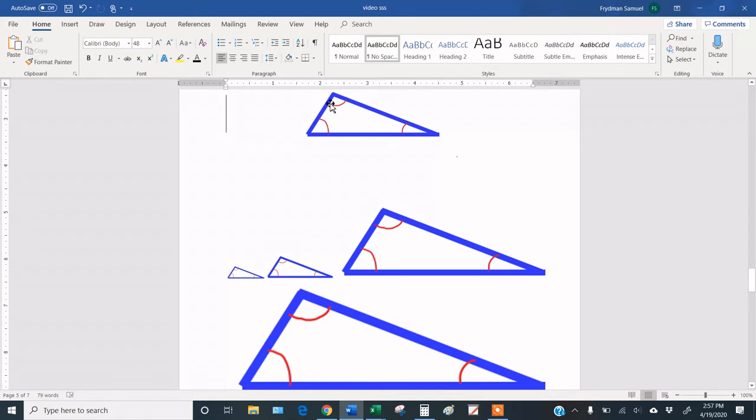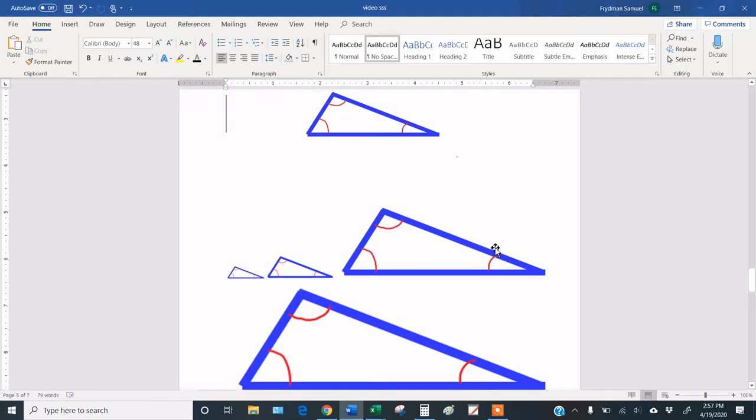And this angle over here looks like it's a little bit bigger than a right angle. Let's say about 100 degrees. This angle over here is also 100 degrees. And the same goes for all of these other triangles as well. Okay, so they would all be, for this angle, about 50 degrees, here about 30, and here about 100 degrees.